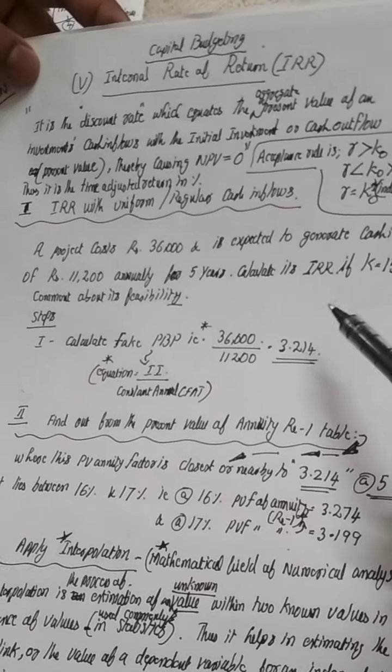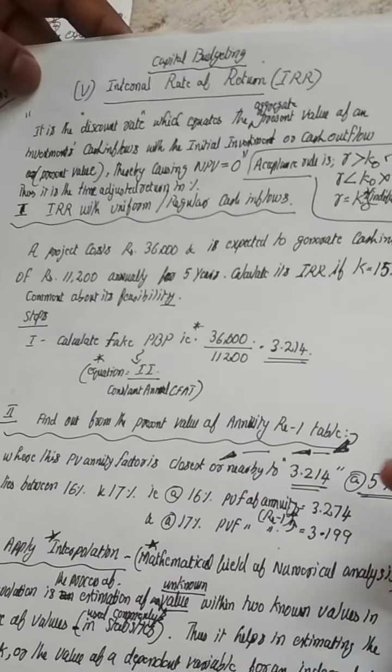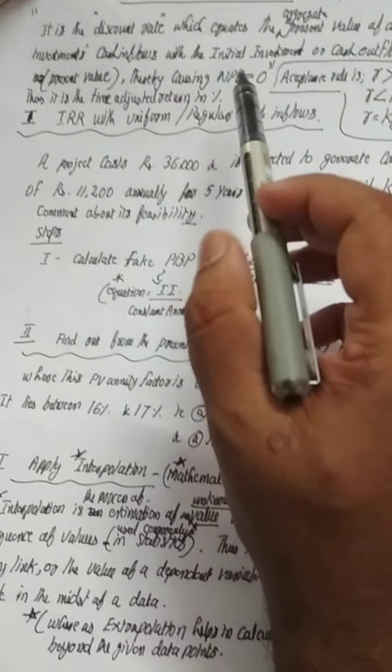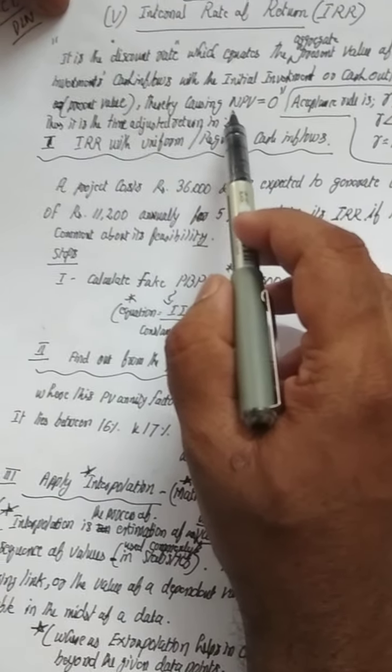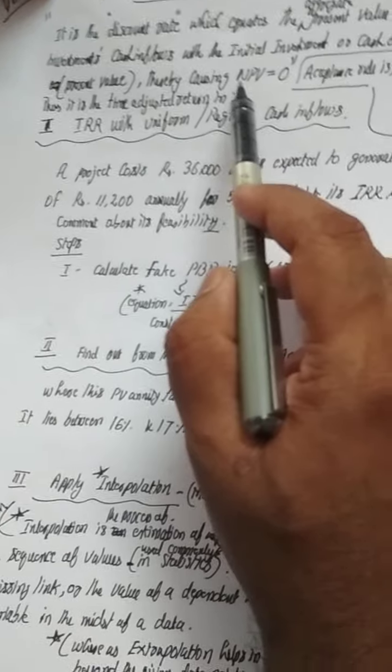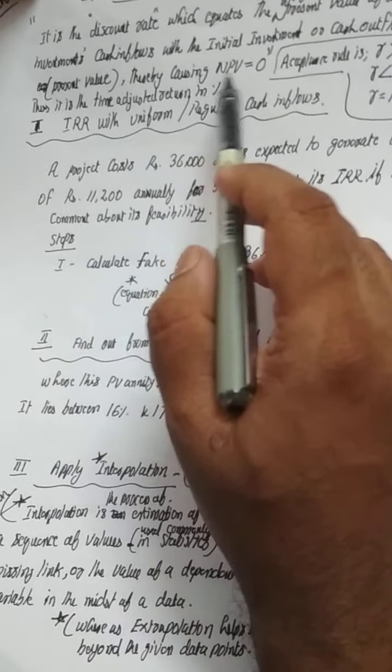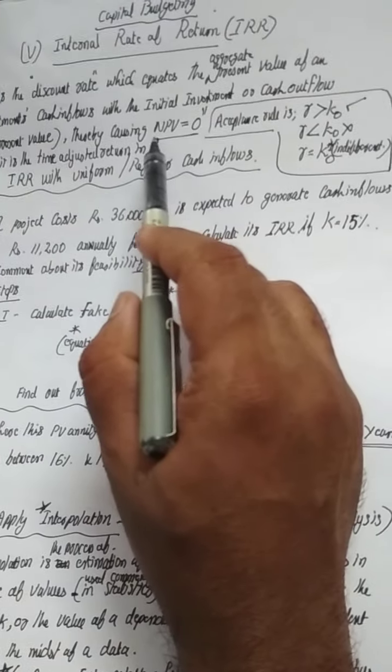But let us check how we could directly get into the problem, understand the meaning of R. Finding out the internal rate of return will cause the net present value 0.